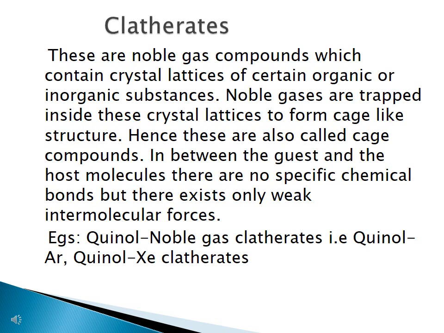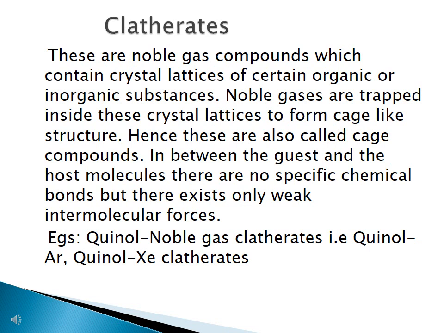Now we will discuss clathrates, their structure and uses. Clathrates are noble gas compounds which contain crystal lattices of certain organic or inorganic substances. Noble gases are trapped inside these crystal lattices to form cage-like structures.